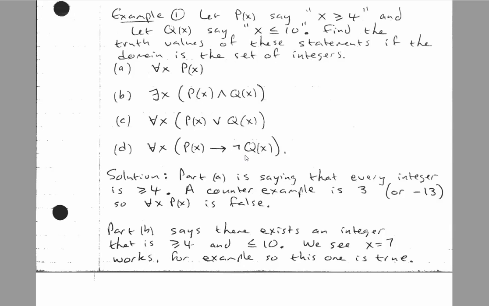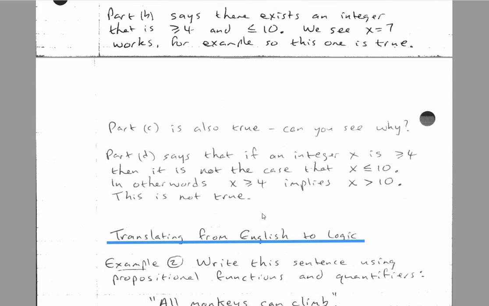Not less than or equal to 10, that's the same as saying strictly greater than 10. So is that true? If you have an integer that's greater than or equal to 4, that implies that it's strictly greater than 10. No, that's not true. The counterexample would be, say, 4 or 5.